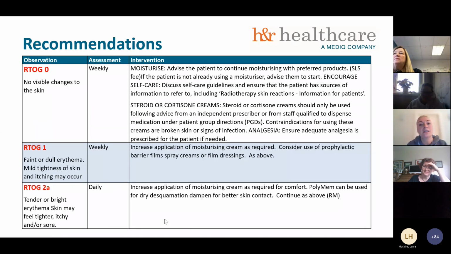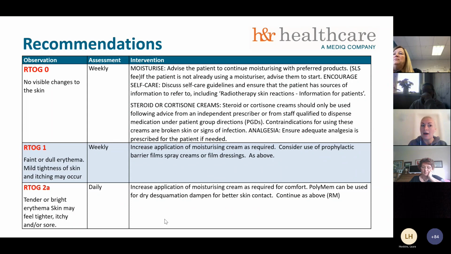If they're already using a good moisturiser that is sodium lauryl sulfate free, then it's recommended that they continue. If they're not already using one, advise them to start. There's also a lot of advice around encouraging self-care guidelines and information leaflets, so that patients know what to refer to in terms of expected outcomes for their skin reactions.